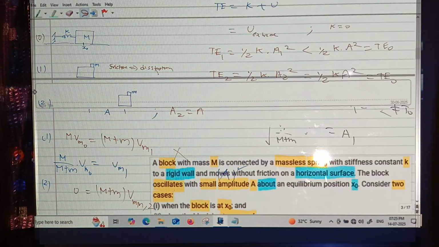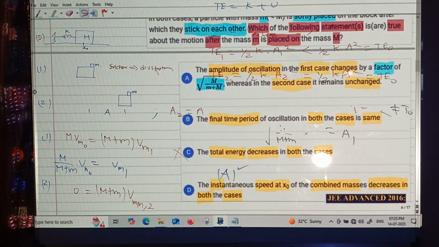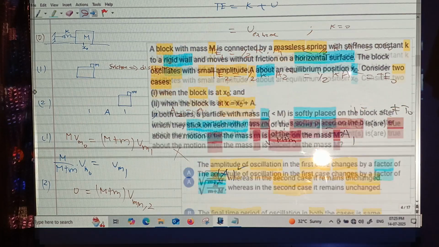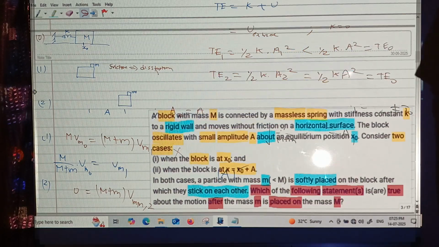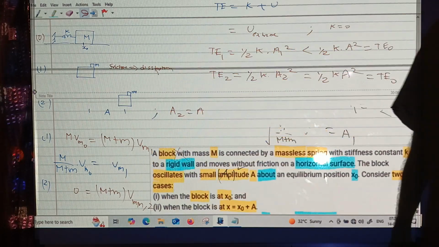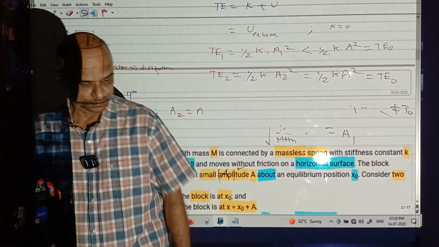Option 4: speed at the mean position of the combined mass decreases in both the cases. So total energy I can also get from the condition at the mean position.